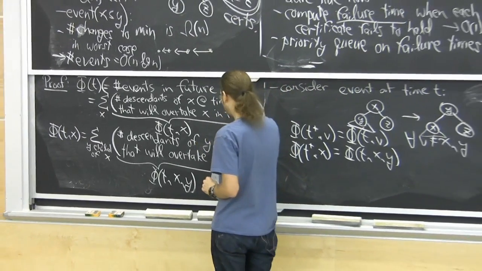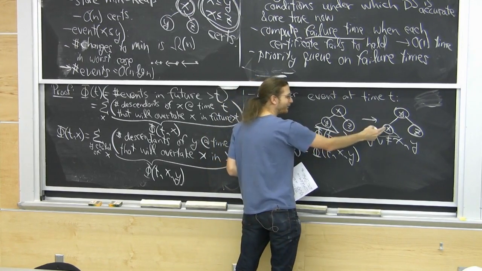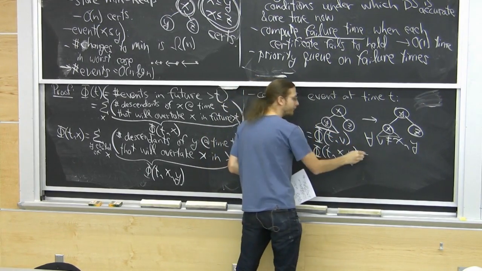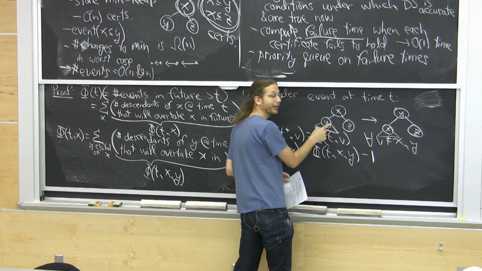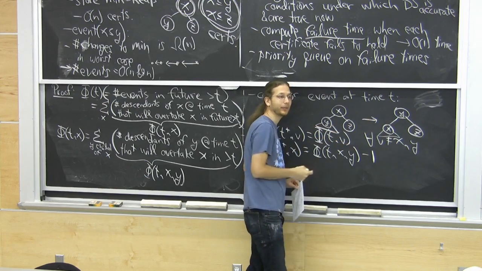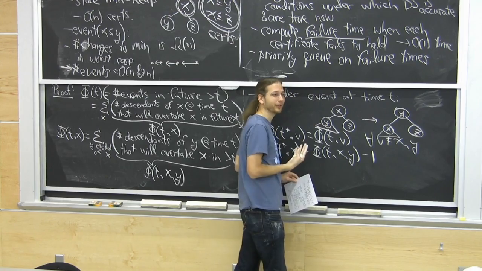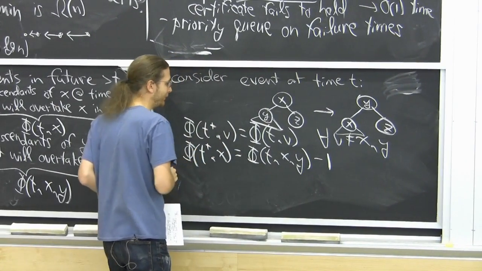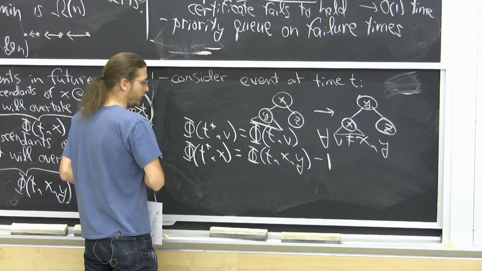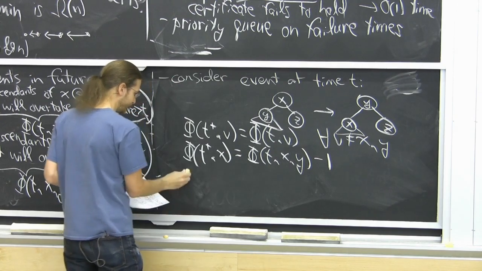The descendants of y that will overtake x. We had that written down. So that is its new potential, except there's a minus 1 because y used to be a descendant that would overtake x, but it just overtook x. Not going to happen again. I'm assuming here affine motion, I suppose. It could really happen a constant number of times, but let's keep it simple. Okay, that was easy. Next one's a little harder.